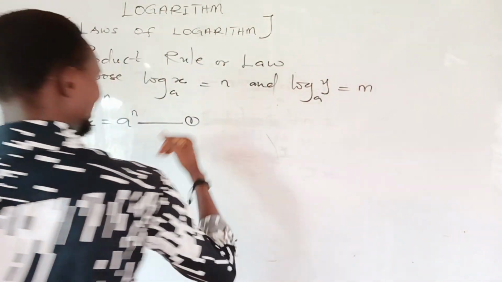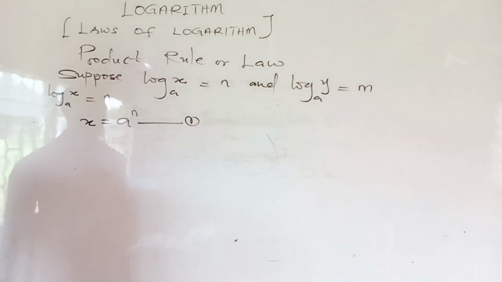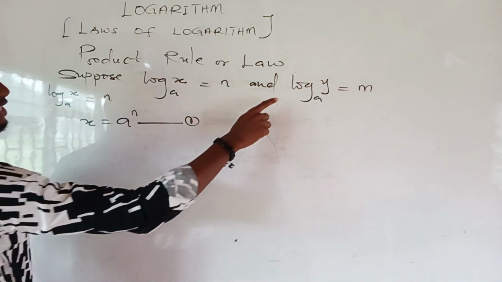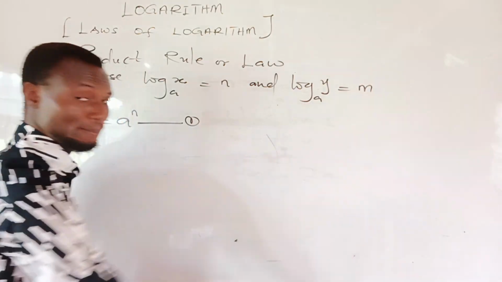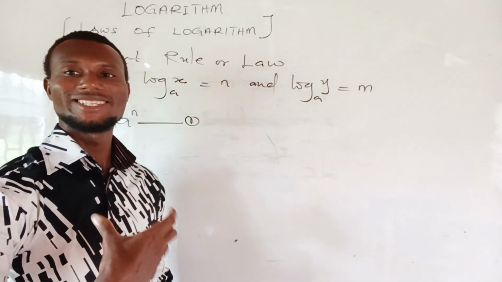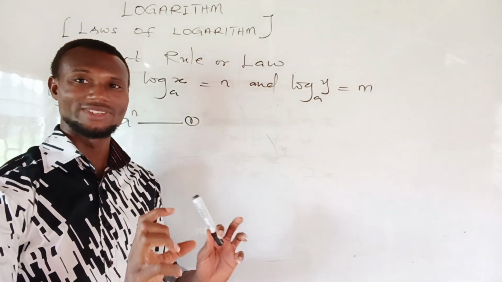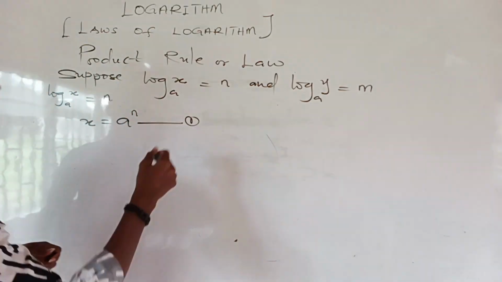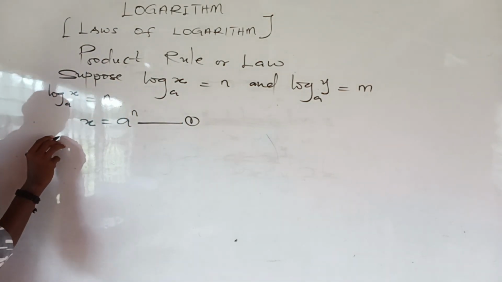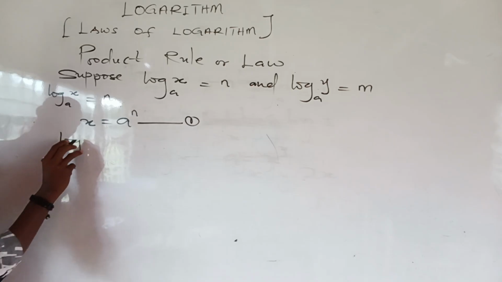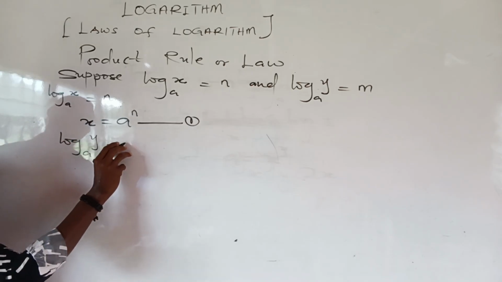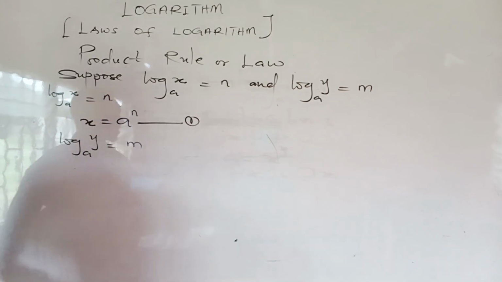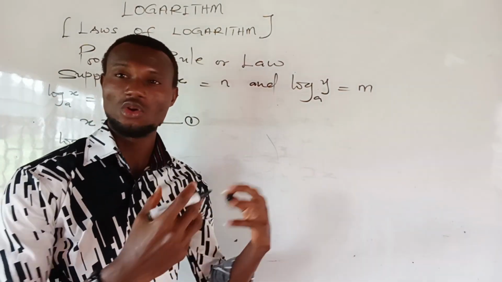Now we are going to pick the next equation, which is log y to the base a equals n. We are going to write it in a form that does not contain any more log. So I have log y to the base a equals n.